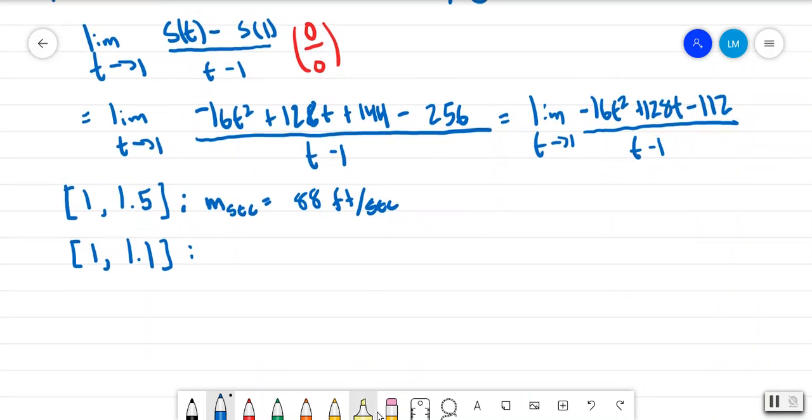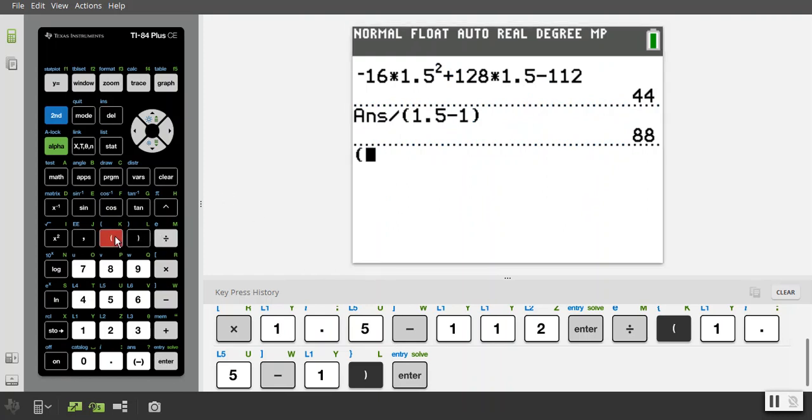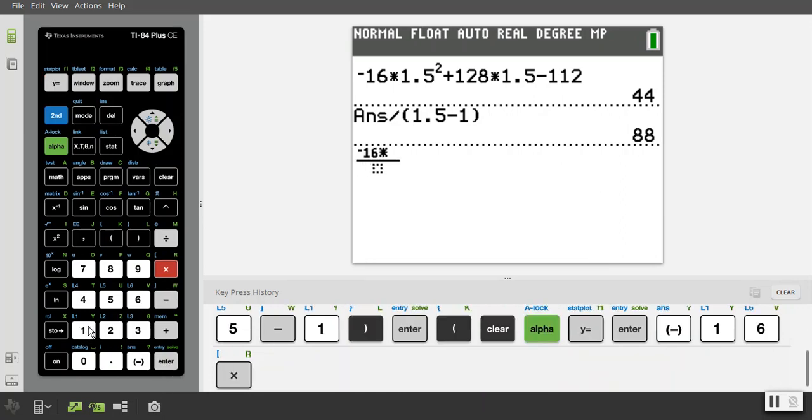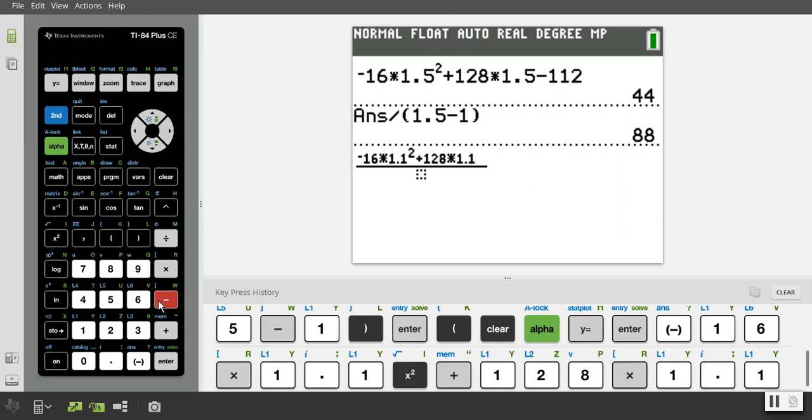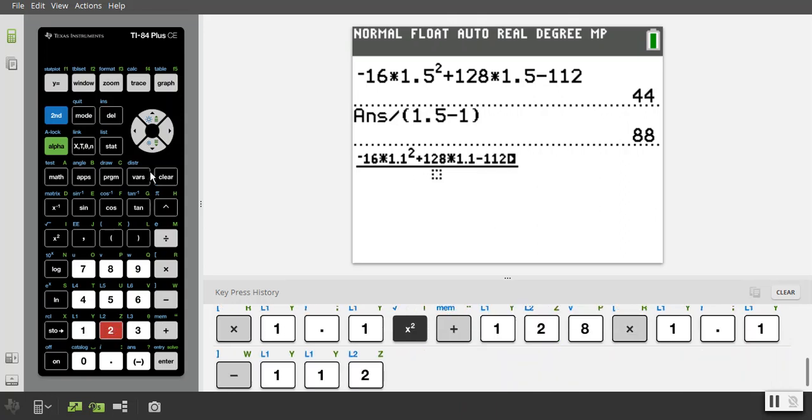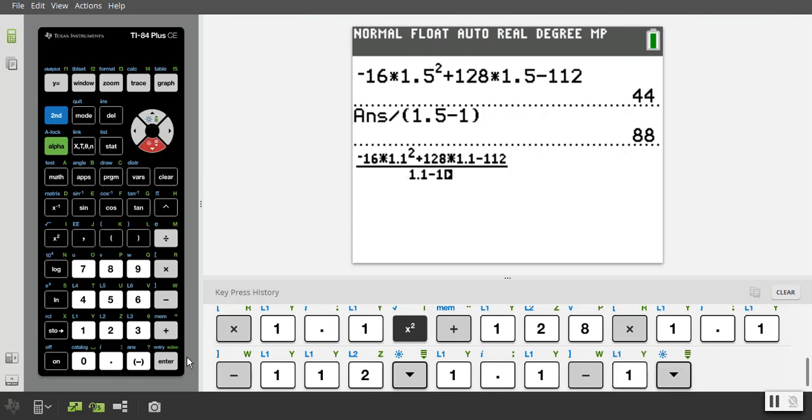So: negative 16 times 1.1 squared plus 128 times 1.1 minus 112, and then divide by 1.1 minus 1. Let's hit enter.